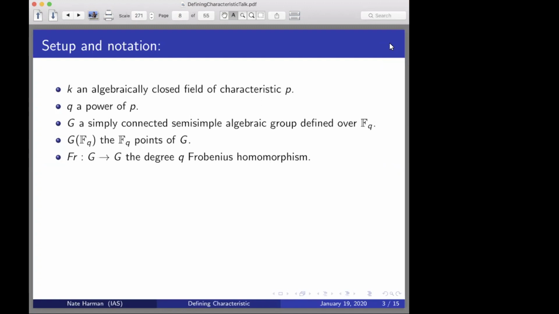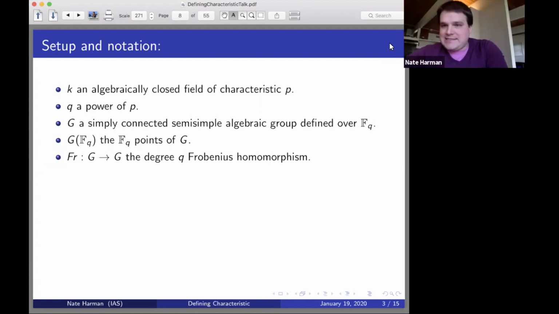Even just thinking of G as SLN is maybe where to start, and then at some point all the training wheels are going to come off. Eventually every case will be handled, but let's start with G being SLN in mind right now.